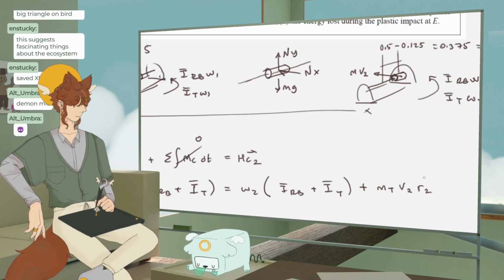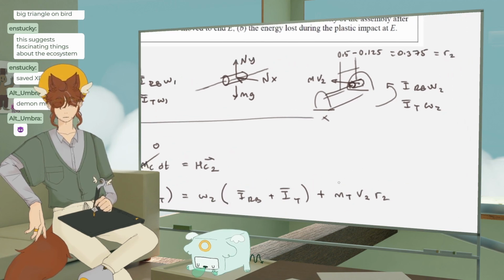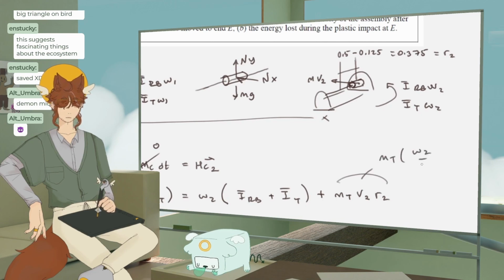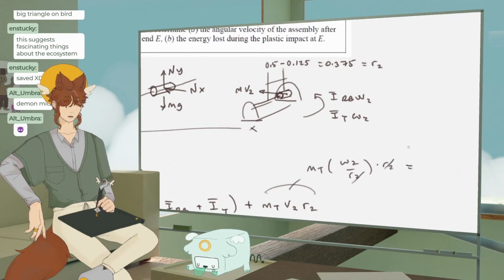Why are these problems so much easier than any other problems? Well, it's a good thing it's the last topic because it makes my life easier. Omega 2 over R2 times R2. I say this and then I'm gonna get the problem wrong.